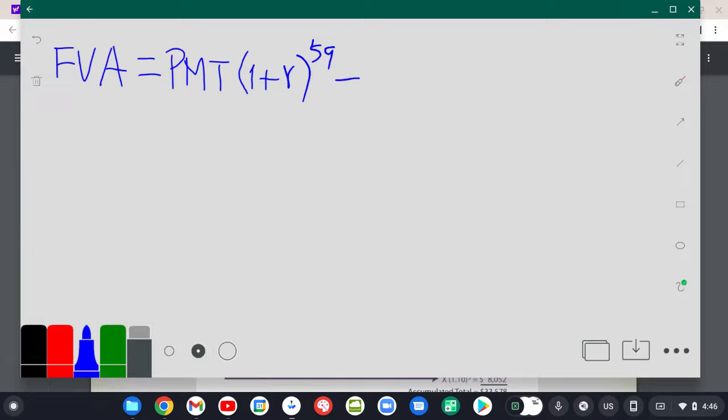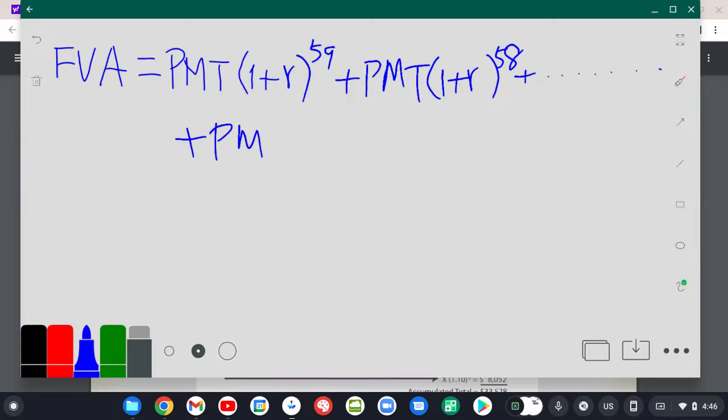And then, therefore the second deposit will earn interest 58 times. And then the 58th deposit will earn interest 2 times, right?